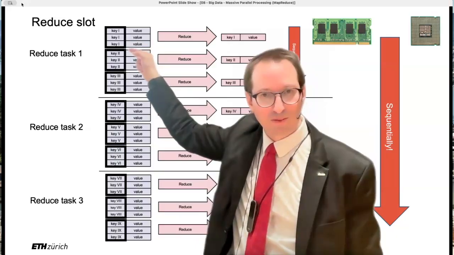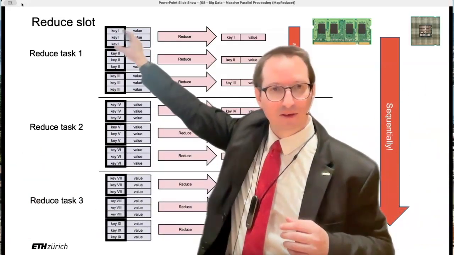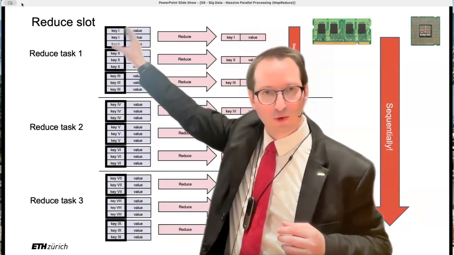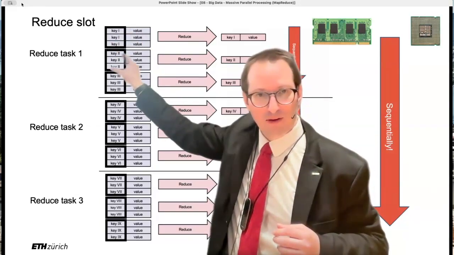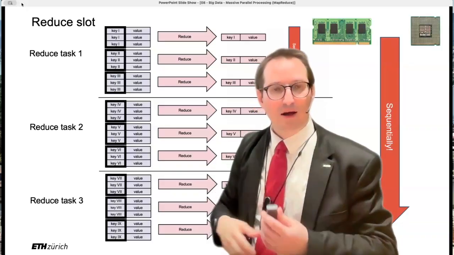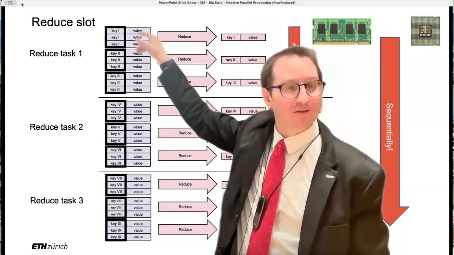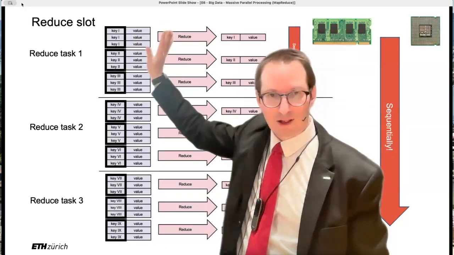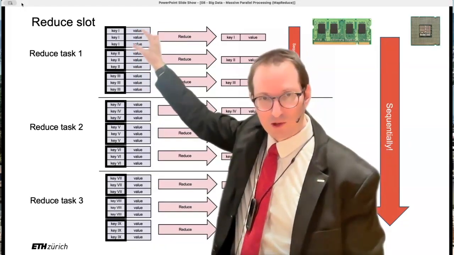They might come from different machines. So you get them all, and then it's going to group them once it has received them, again by key. Again, the values are not necessarily sorted right here. It can really be a mess unless the user requires a secondary sorting of the values.